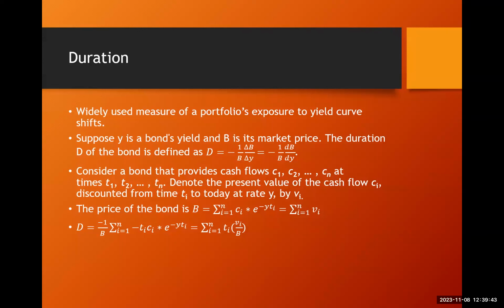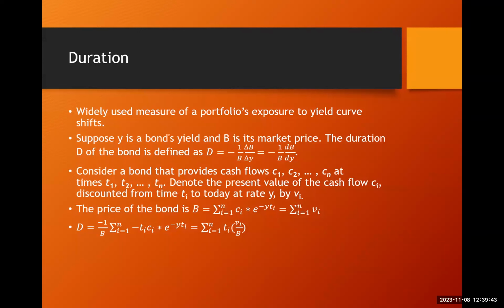These two different interpretations give us different ideas about how duration works. One way is to think about it as the proportional change, and one way is to think about it as a weighted average of time.